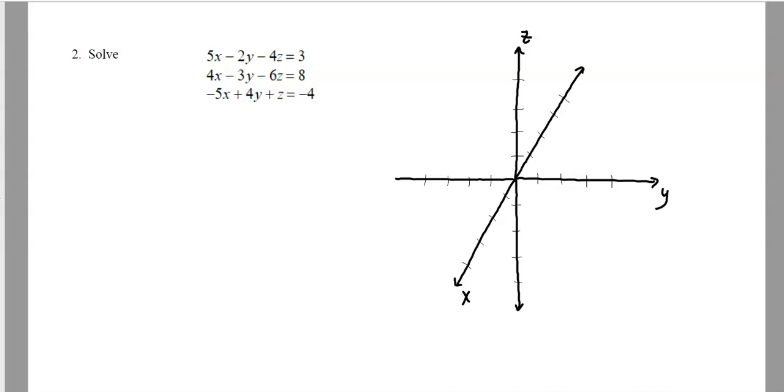All right, and our point needed to be at negative 1, negative 2, negative 1. So negative 1 on the x-axis would go backwards this way. Negative 2 on the y-axis is going to go left 2.